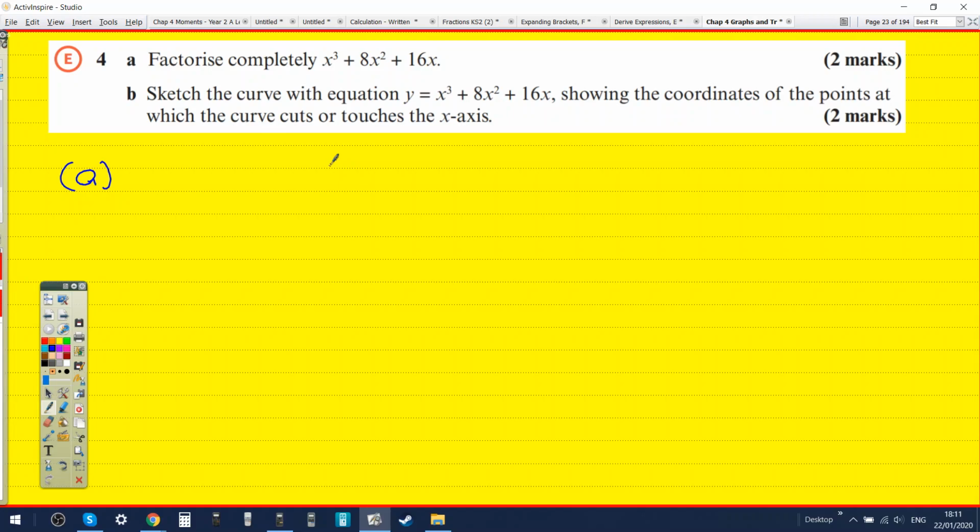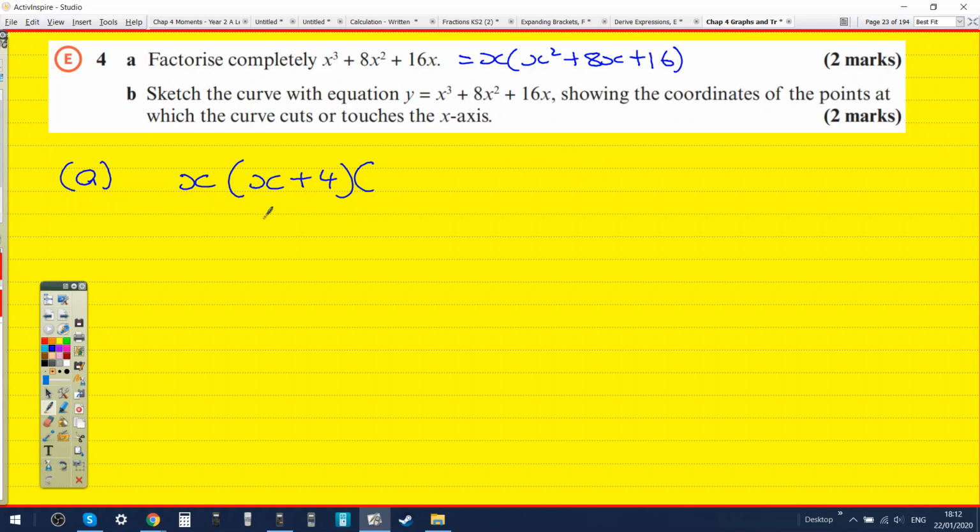So x plus 4 and x minus 1, and then just x by itself. So that would give you x squared plus 8x plus 16.